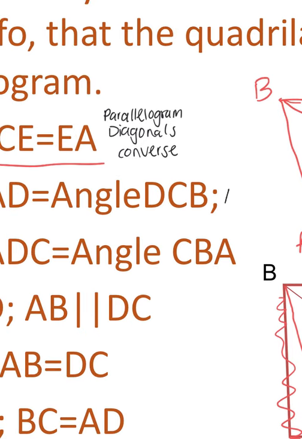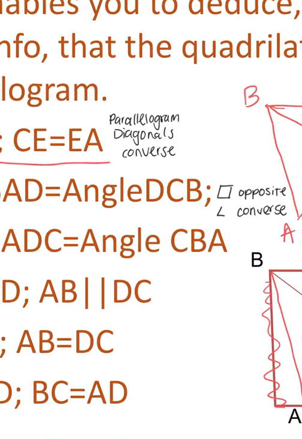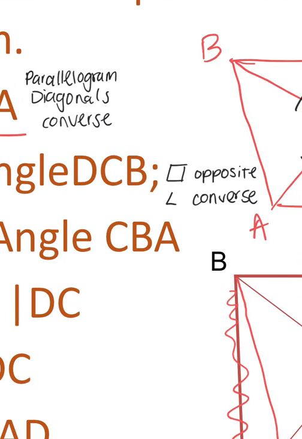Good. Parallelogram, opposite angles, converse. A lot of abbreviations here, okay? So I abbreviated the parallelogram by just drawing that symbol, and I abbreviated the angle.